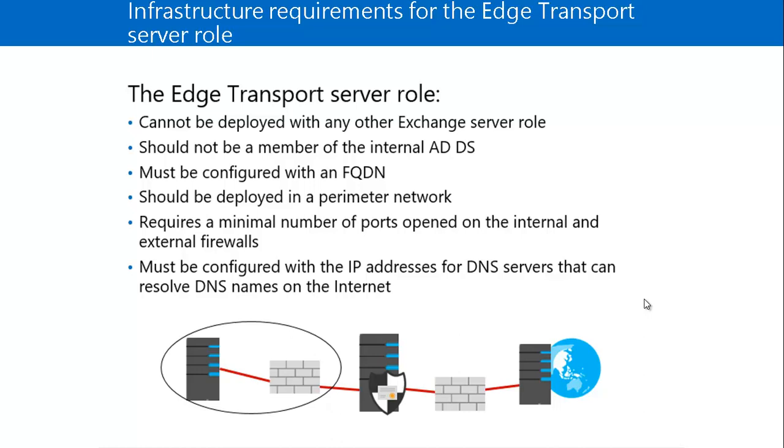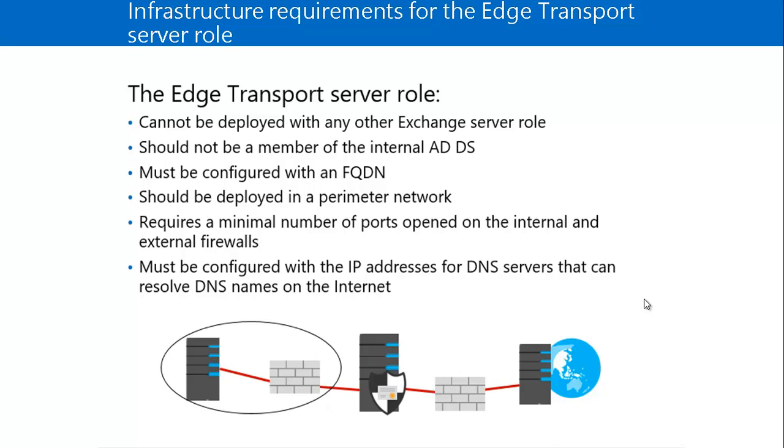Also, you should not install the Edge Transport Server role on a computer that is a member of the internal Active Directory system, but you can install it on a perimeter network forest or a workgroup. The computer running the Edge Transport Server role must have an FQDN, because if it does not have an FQDN, it cannot communicate with LDAP.